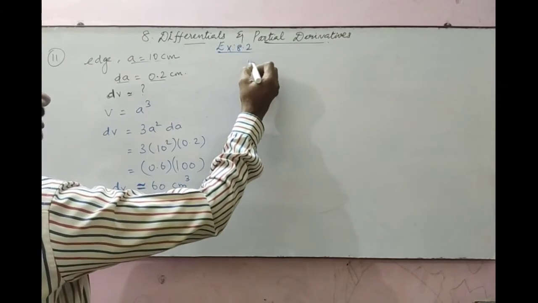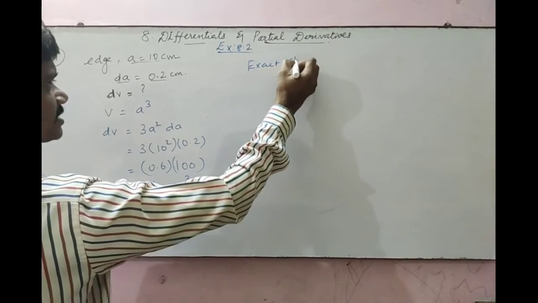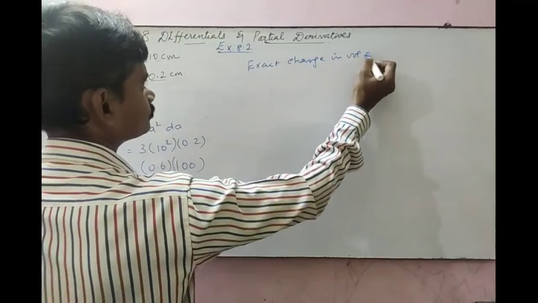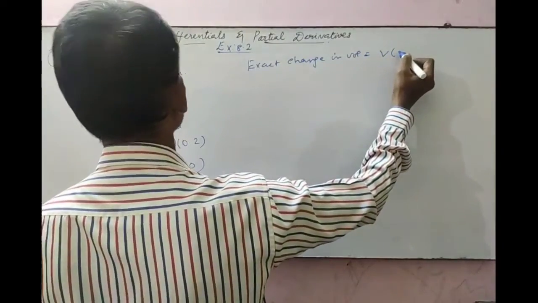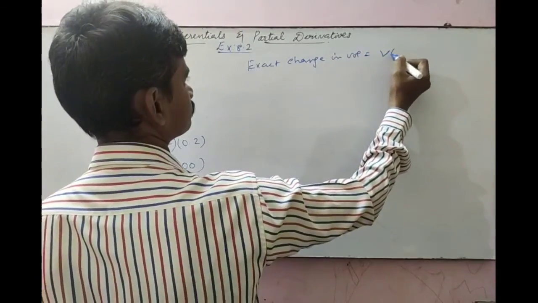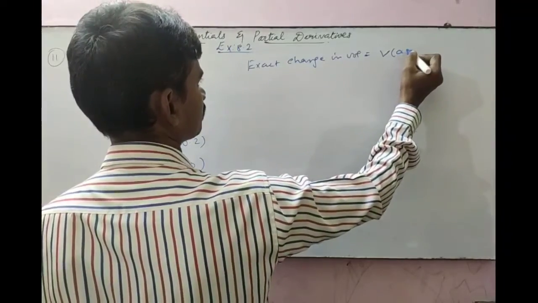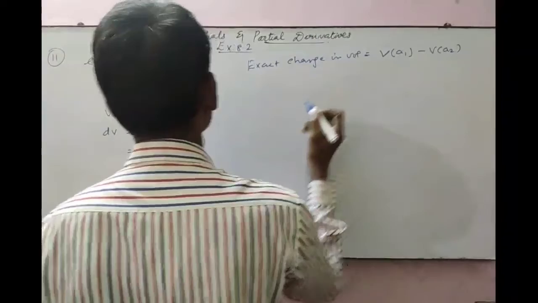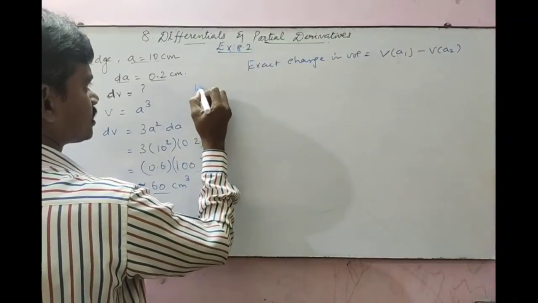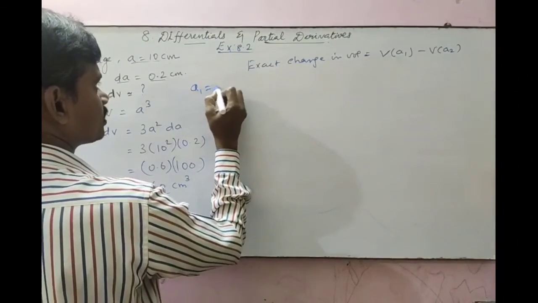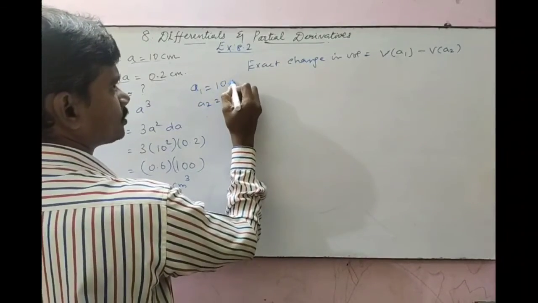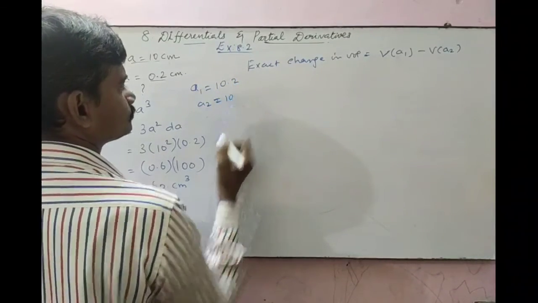Then we have to find the exact change. The exact change in volume is V of A1 minus V of A2. We have to assume that A1 is 10.2 and A2 is 10.